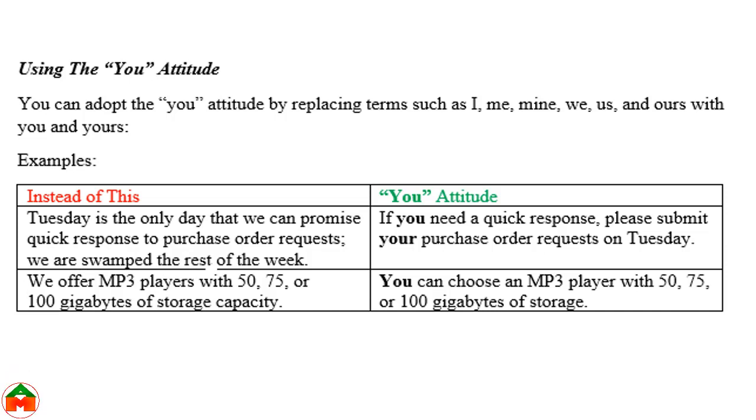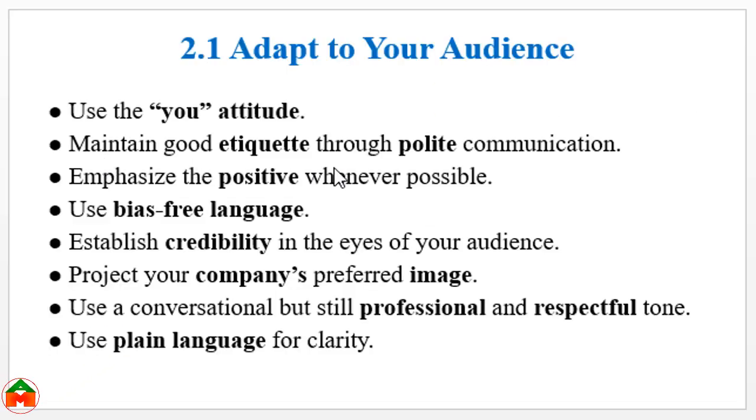We are swamped the rest of the week. We shouldn't use that type of sentence. Instead of this, you can use you attitude like if you need a quick response, please submit your purchase order request on Tuesday. Then maintain good etiquette through polite communication.